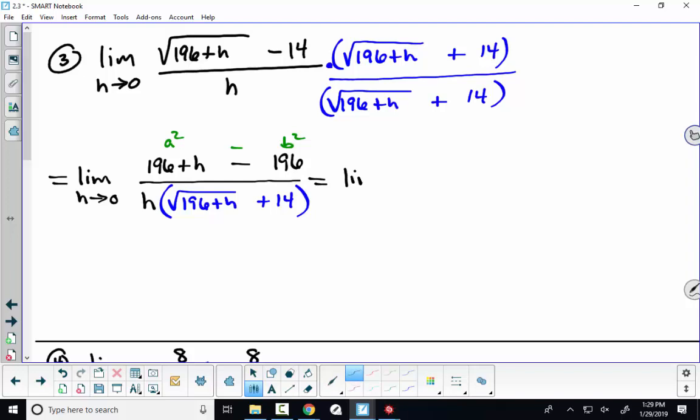So we have the limit as h approaches 0, h up top, h down below.